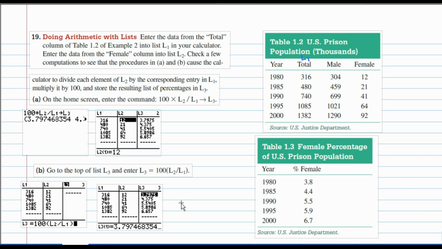Now, as you can see, all the calculations we've done, using telling our main menu to store these values as L3 or telling L3 exactly what we want to do with L1 and L2, you can see the percentages we came up with are the same: 3.8, 4.4, 5.5, 5.9, and 6.7.